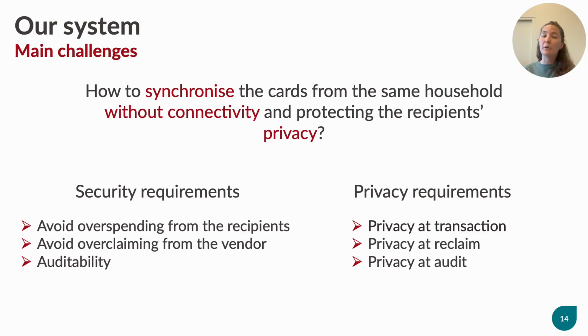Then the system should be privacy preserving during the transaction phase, the reclaim phase, and the audit one. In particular, the recipients should be indistinguishable among each other. And because there is no connectivity between the tokens of the same household, we need to store the database containing the current budget on the vendor side, which makes this condition rather complicated.